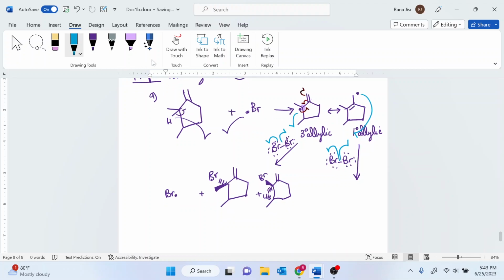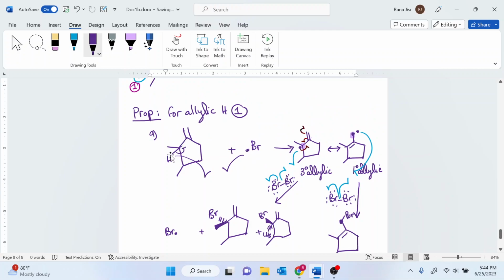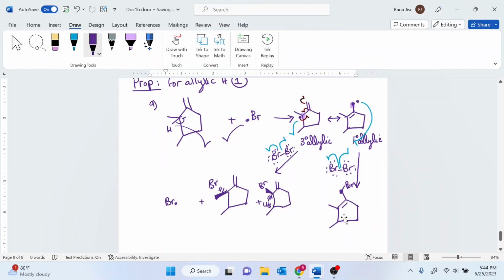So now I am going to form my primary allylic, but now the primary allylic is not a potential chiral center, so you don't have to consider the stereochemistry of the reaction. This is the carbon, the allylic carbon over here, and that allylic carbon, I didn't do anything to it. All I did is simply I added a bromine in there. And then you're going to end up having the rest of your substituents on the cycle. So the first allylic hydrogen here generated 3 products.